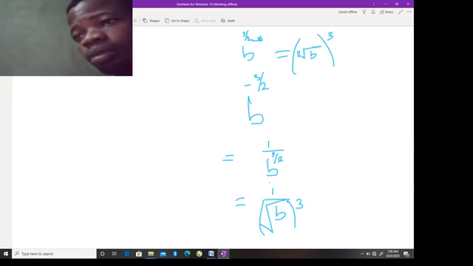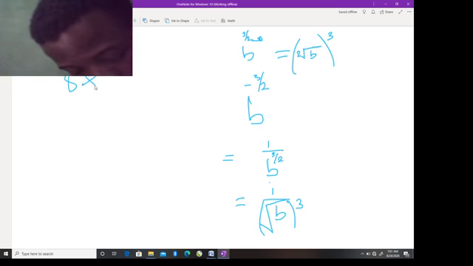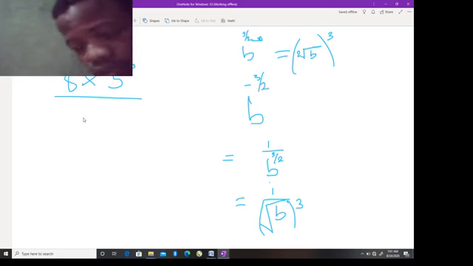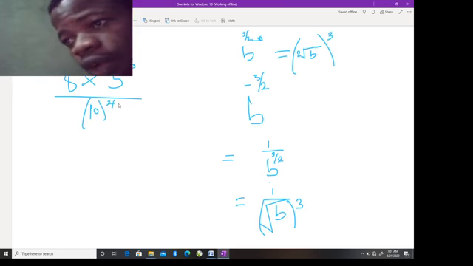You have examples. You have 8 raised to power 1 over 3 times 5 raised to the power of 2 over 3, then divided by 10 raised to the power of 2 divided by 3.